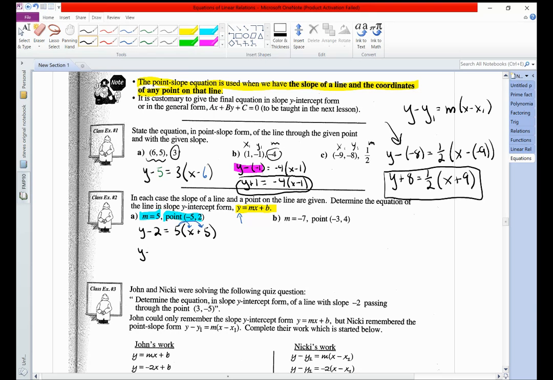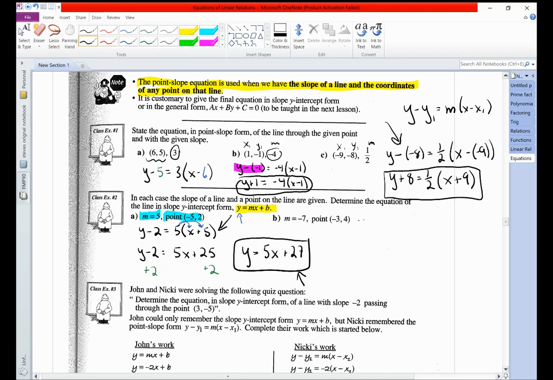So we have y minus 2 is equal to 5x plus 25. And now what you want to do is add 2 to both sides to get y by itself. Add 2. And we are left with y is equal to 5x plus 27. And now we have that line in point-slope form here and slope-intercept form here.